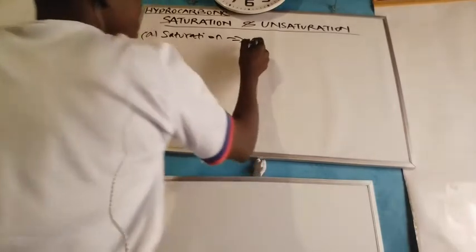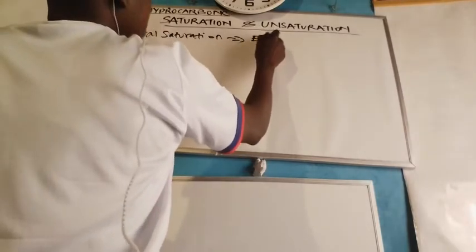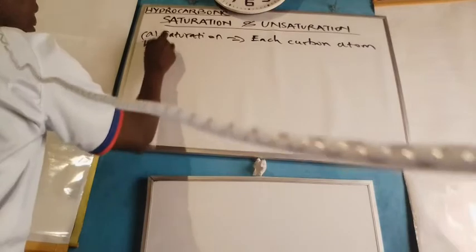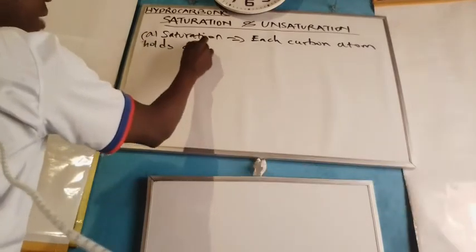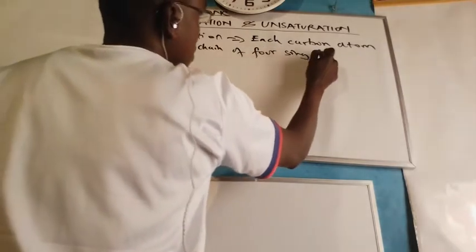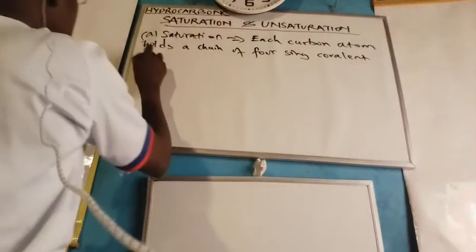And we have said saturation is a state in which each carbon atom holds a ring of 4 single covalent bonds.